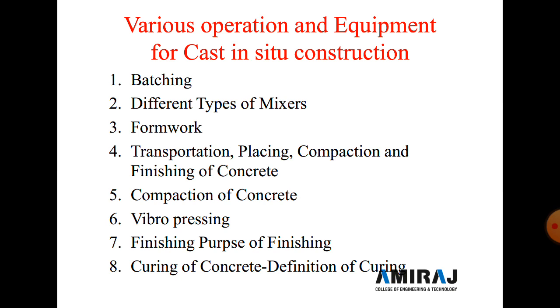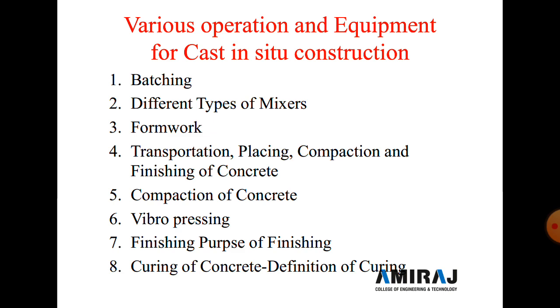Now next are the various operations and equipment for cast in situ construction. Here there are 8 main operations. First is batching, second is the different types of mixers, third one is formwork, fourth one is transportation, placing, compaction and finishing of the concrete, and fifth one is compaction of the concrete.